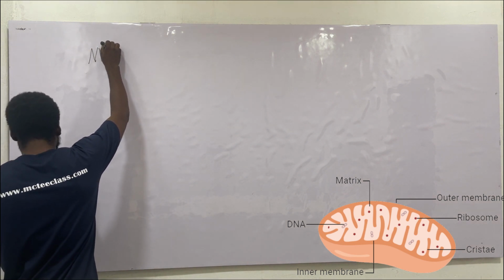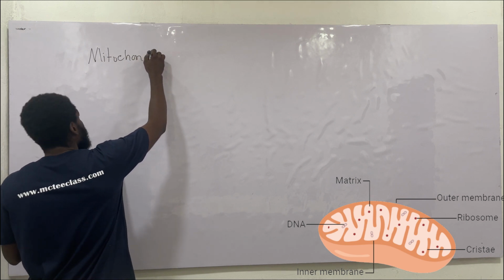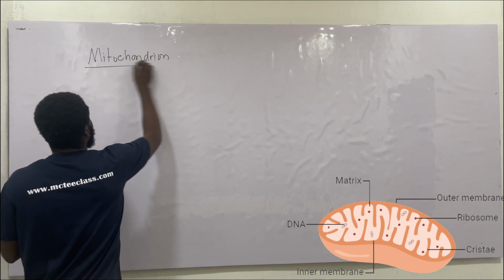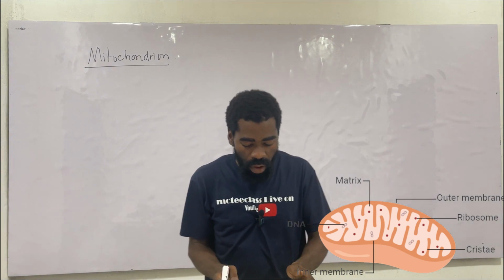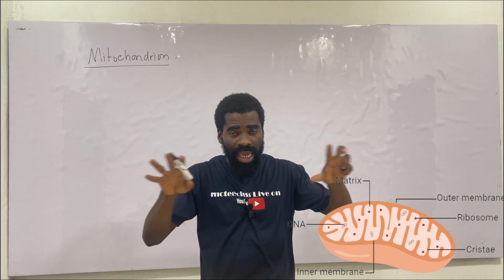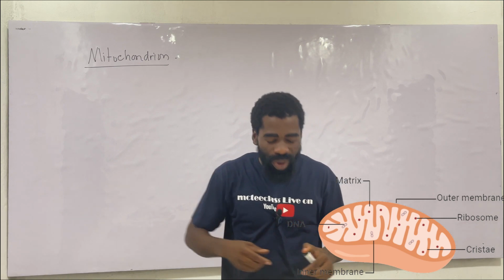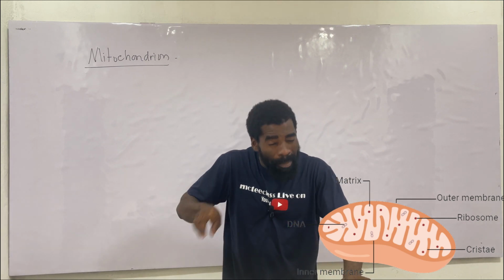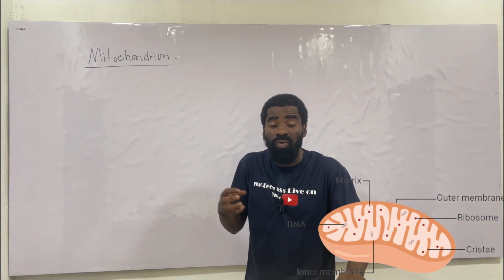So take your notes and let's go deep into it. You can write the notes here. We have the mitochondria, which is an organelle. Now let's see what this is. You can see the picture. The mitochondrion is a sausage-shaped organelle, which provides the cell with energy. Remember, we said that the cell gets energy from respiration.